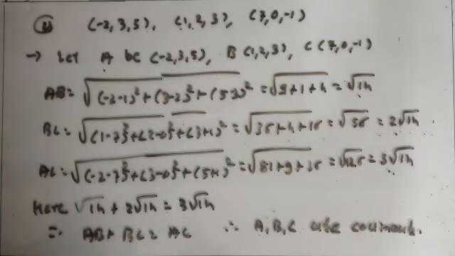Now question number 4. Find the equation of the set of points which are equidistant from the points (1, 2, 3) and (3, 2, -1). Important question.